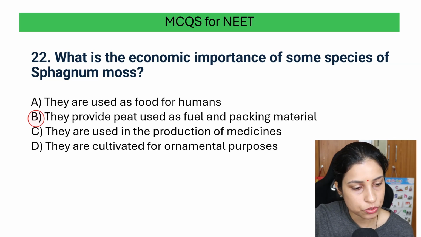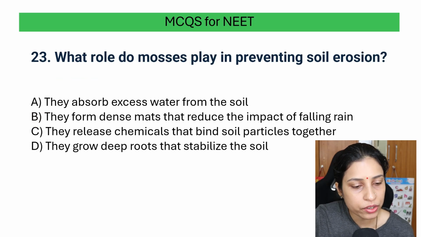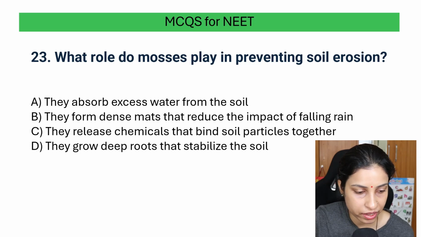Okay. The next question is, what role do mosses play in preventing soil erosion? They absorb excess water from the soil? They form dense mats that reduce the impact of falling rain? They release chemicals that bind soil particles together, or they grow deep roots and stabilize the soil?